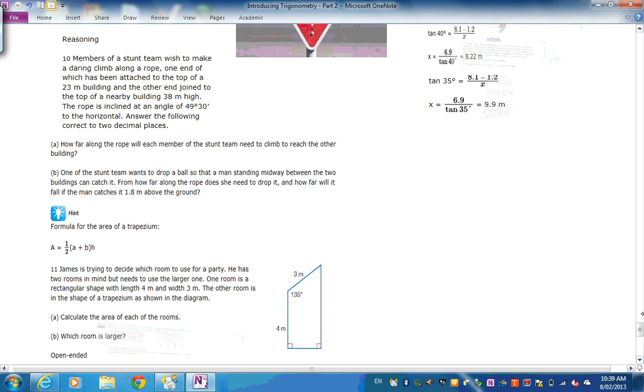Okay, and pause it and have a go. This hint is basically for the trapezium question, which I think is this one down here. Yeah, so this is the trapezium, little hint for the formula for the area.